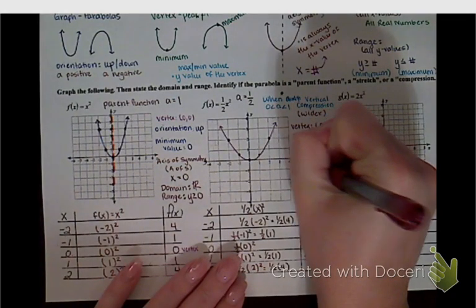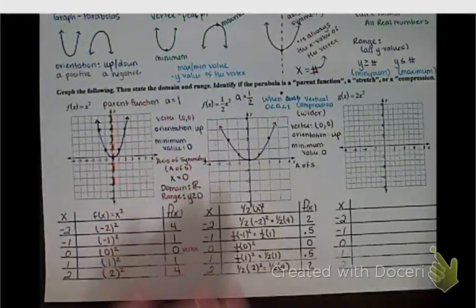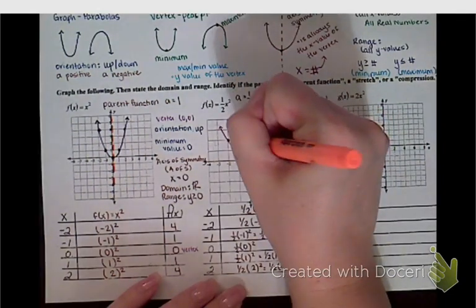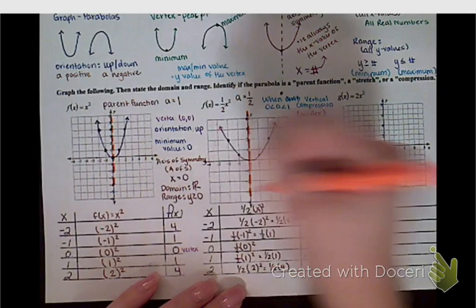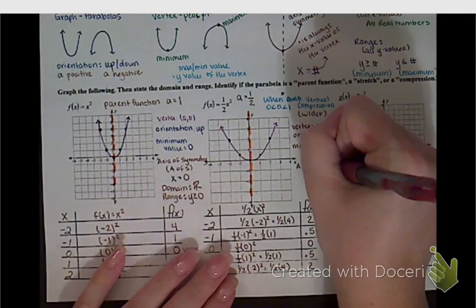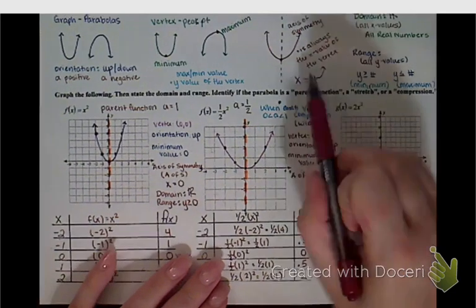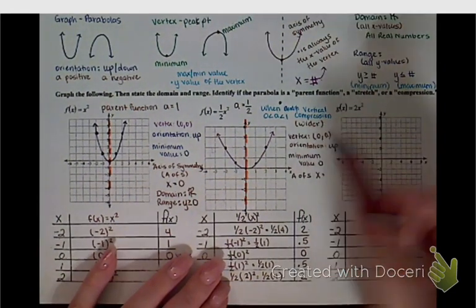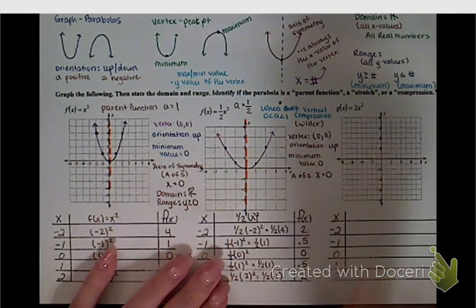I need an axis of symmetry. So the axis of symmetry again is the line that goes through your vertex vertically. It's always going to be x equals, and if we come back up here, it's always the x value of the vertex. So x equals 0.